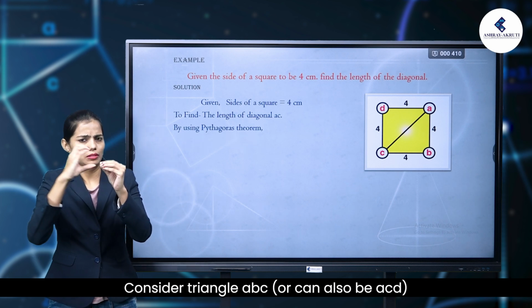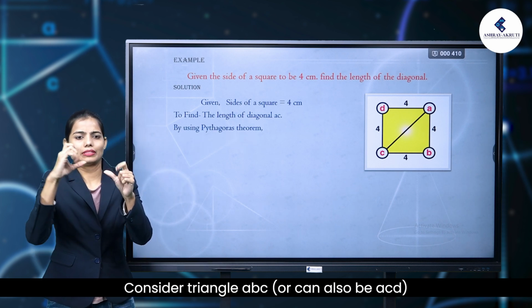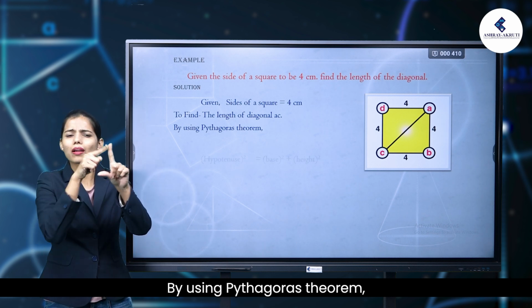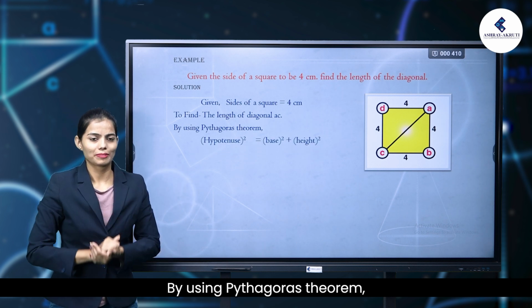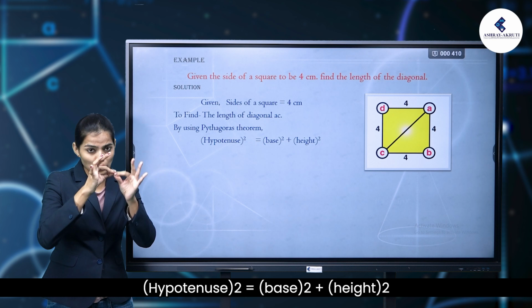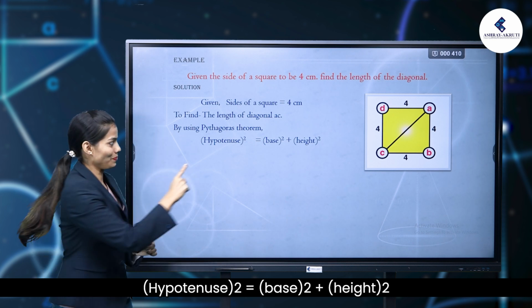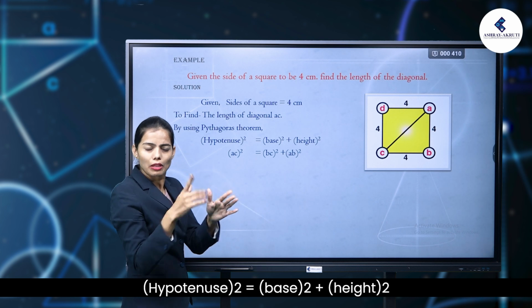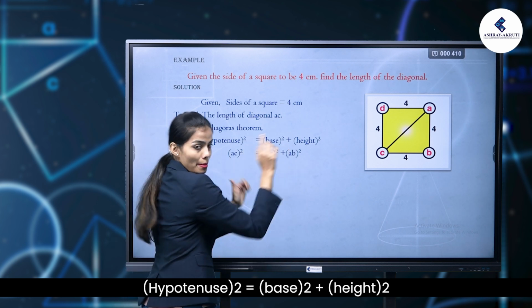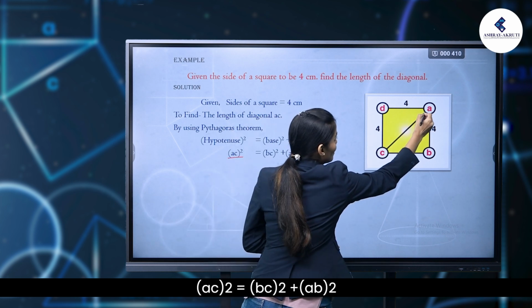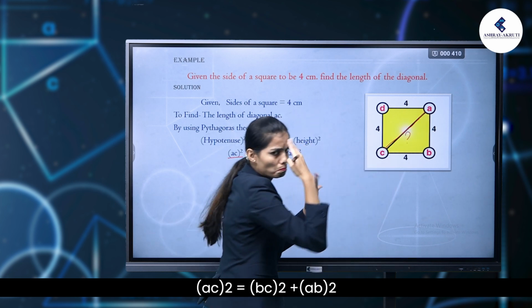Consider triangle ABC, or can also be ACD, by using Pythagorean theorem. Hypotenuse square is equal to base square plus height square. AC square is equal to BC square plus AB square.